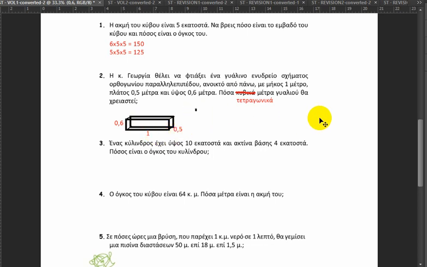Their area is going to be 0.5 times 0.6. And this is going to give us 0.3. A multiplication that you can do vertically if you need to, or you can just do it in your mind. So the two small faces are 0.3.